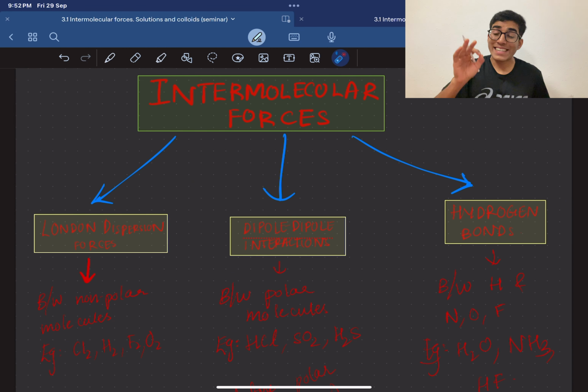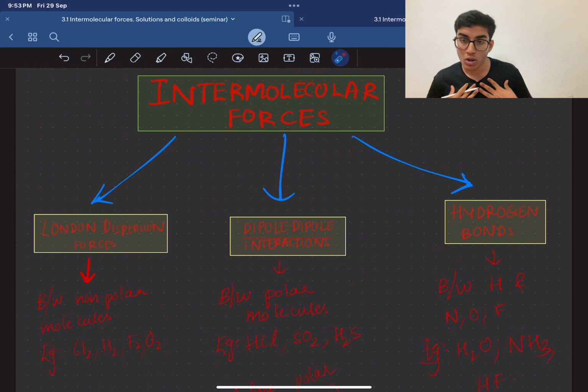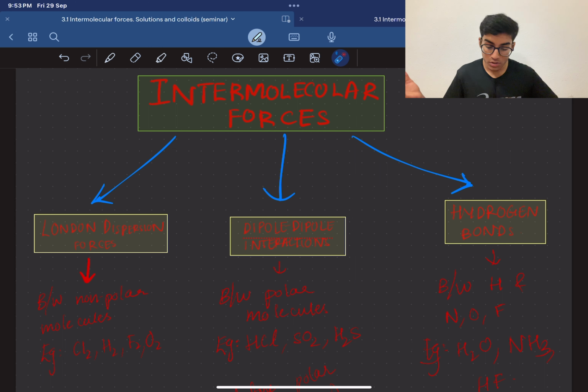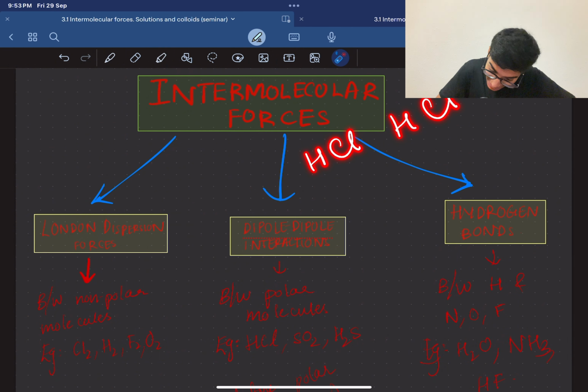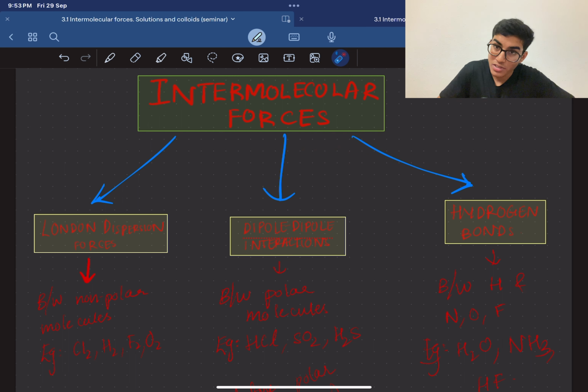Let's talk about intermolecular forces. Okay. Now, intermolecular forces, I confuse this myself, so I don't want you guys to confuse it. HCl, for example, the bond holding H and Cl together is called intramolecular forces. But the bond holding HCl and HCl together, that is called intermolecular force.